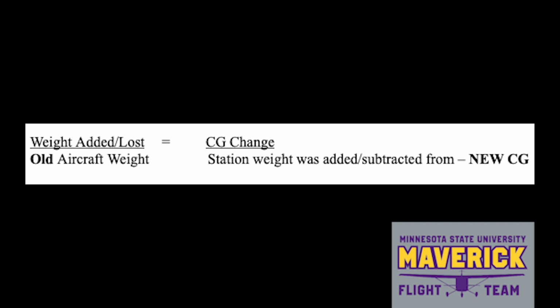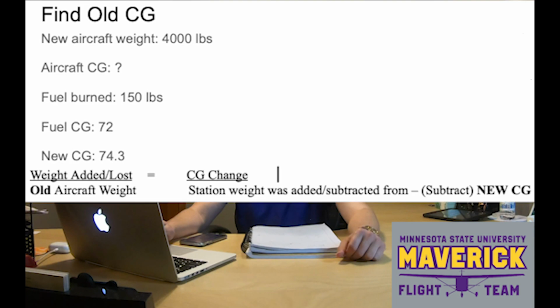Now, if we were given the material from a newer CG, but the problem wanted us to find the old CG, we would take the weight added or lost all over the old aircraft weight, which is equal to a center of gravity change all over the station weight that was added or subtracted from the new CG. Now, if we're given that the aircraft weighs 4,000 pounds, this is the new aircraft weight.